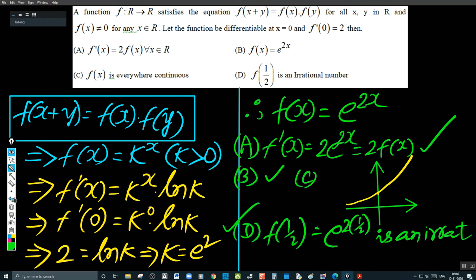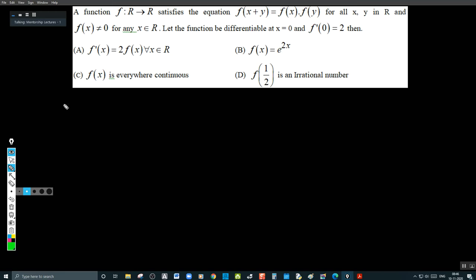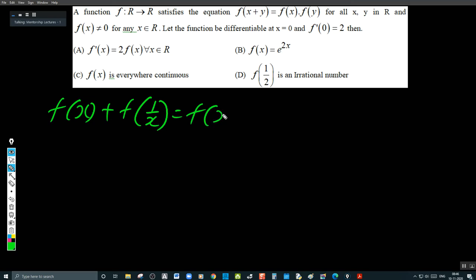And one more very important function which you forget also, I want to mention. This is f of x plus f of 1 by x is equal to f of x into f of 1 by x. Just check it out: 1 plus minus x raised to n.